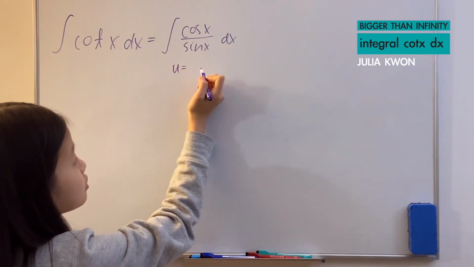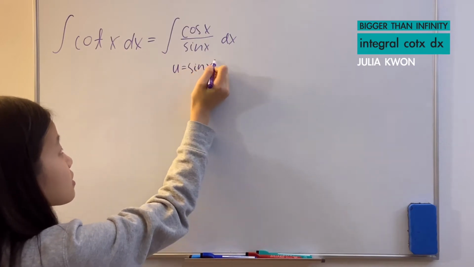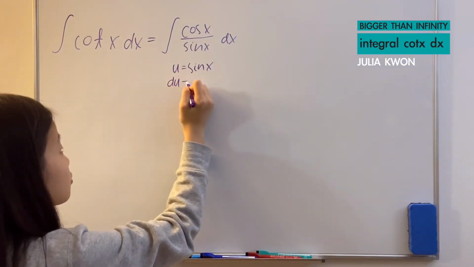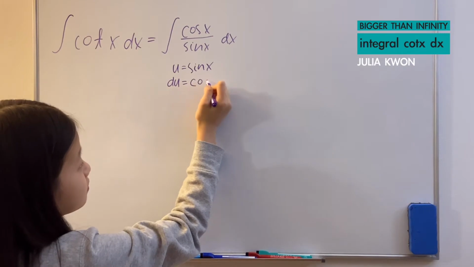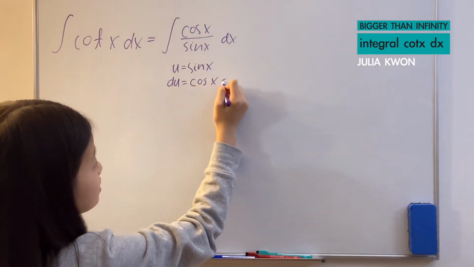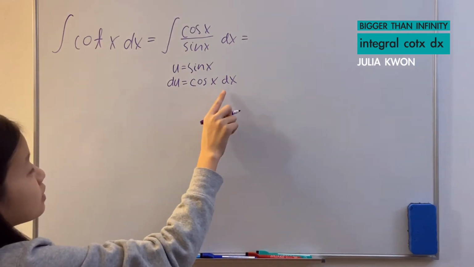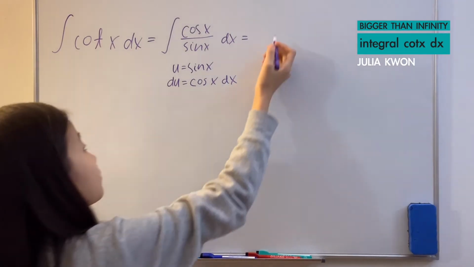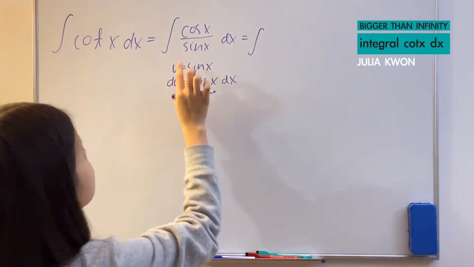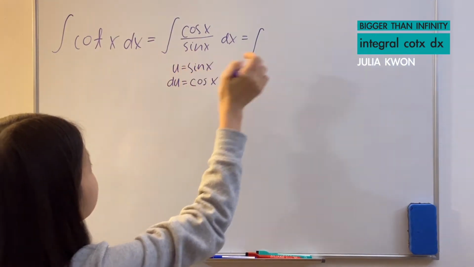So we're going to set u equal to sine x, which would give us du equal to cosine x dx.